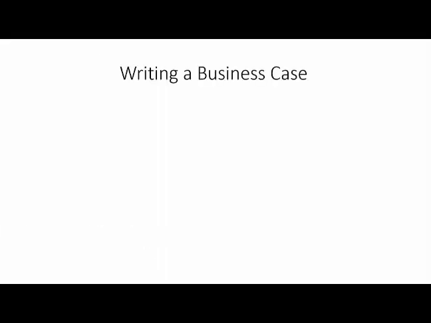Now, if you recall from the anatomy of a business case lecture that we had a couple of modules ago, there are 7 key sections of the business case. The first being the executive summary.